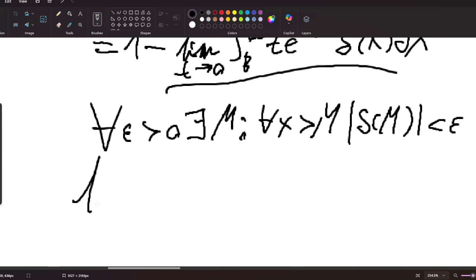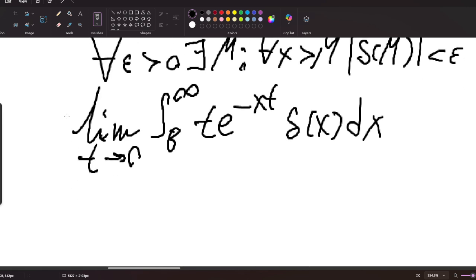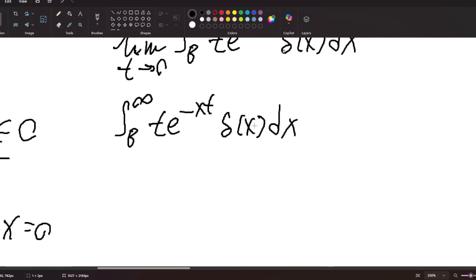Alright, and now given this, let's work with the limit as t approaches 0 of the integral from b to infinity of t times e to the power of minus xt delta x dx. Now, reviewing this integral apart from the limits, we can look into its absolute value, because if its absolute value is 0, then obviously the actual thing is also going to be 0.